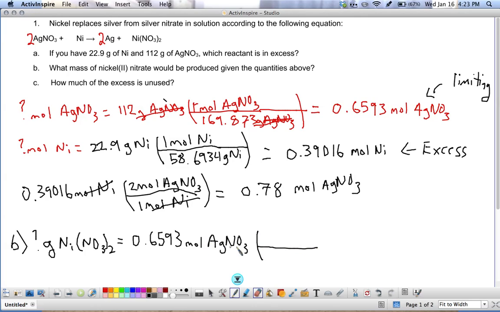And the first thing I see is I got to do a mole ratio. 1 mole Ni(NO3)2 over 2 moles silver nitrate.